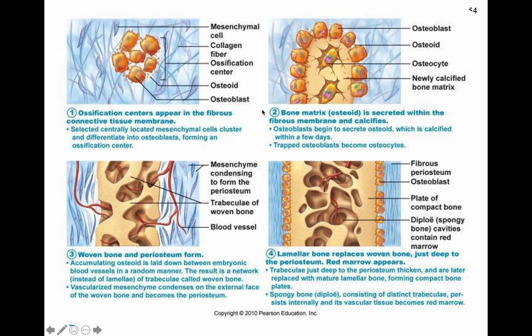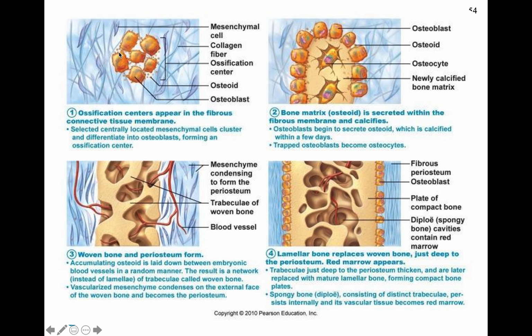And I like this. I stole this from one of my previous PowerPoints. I think it's a little more simplified to look at. So with intramembranous ossification, you have one ossification center called the primary ossification center. Mesenchymal cells get a chemical signal to differentiate into osteoblasts.